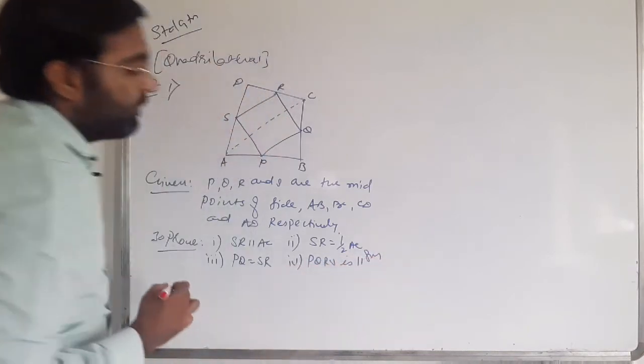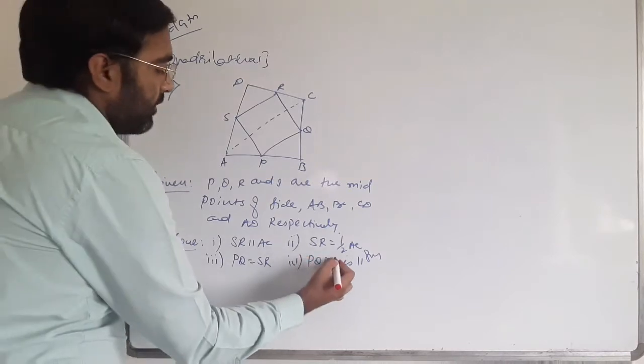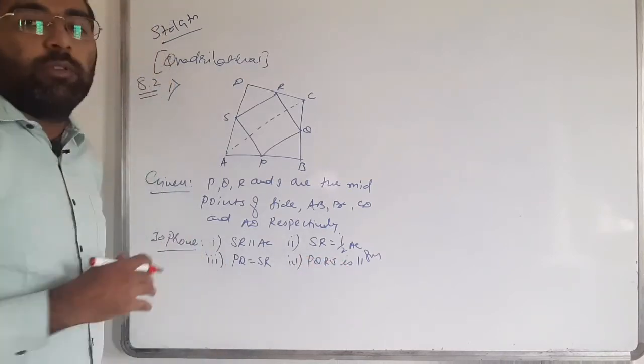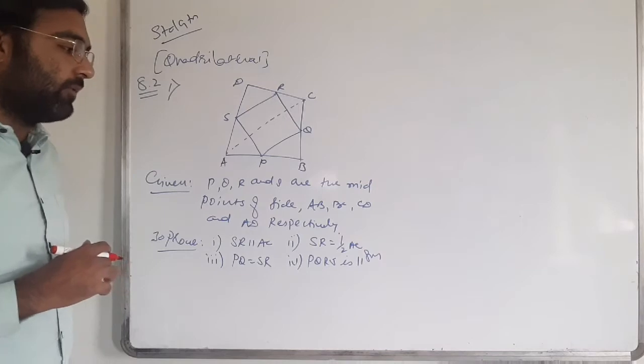We need to prove that PQRS is a parallelogram. So these four things we have to prove. So let's start the proof.